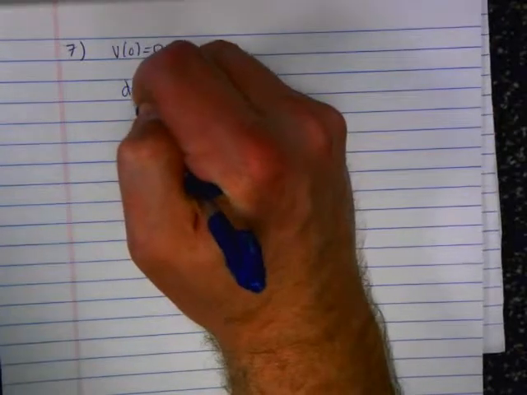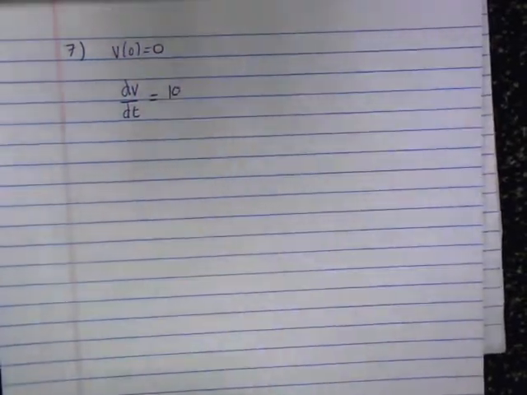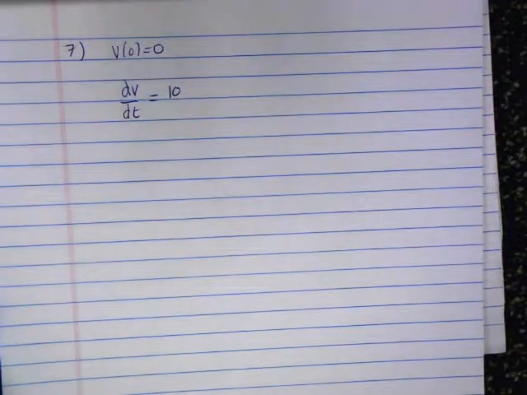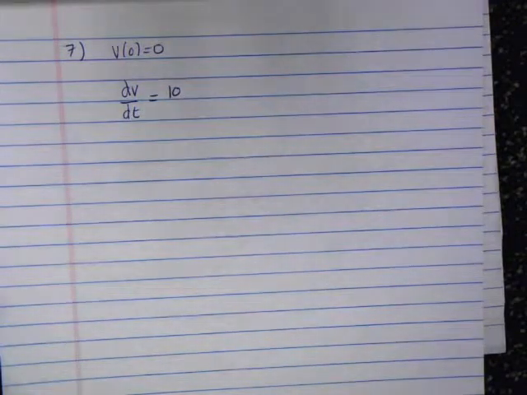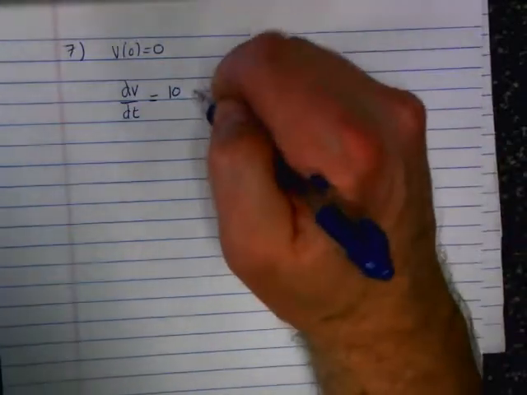Wouldn't that be the derivative? dV/dt is acceleration, so we know dV/dt is 10 feet per second squared, while air resistance provides 0.1 feet per second squared of deceleration for each foot per second of the car's velocity. So minus 0.1 v.